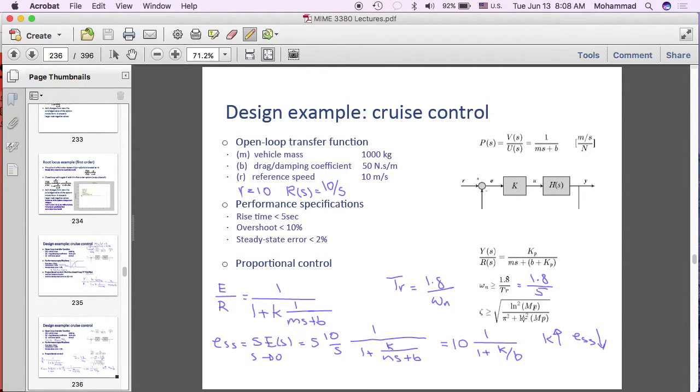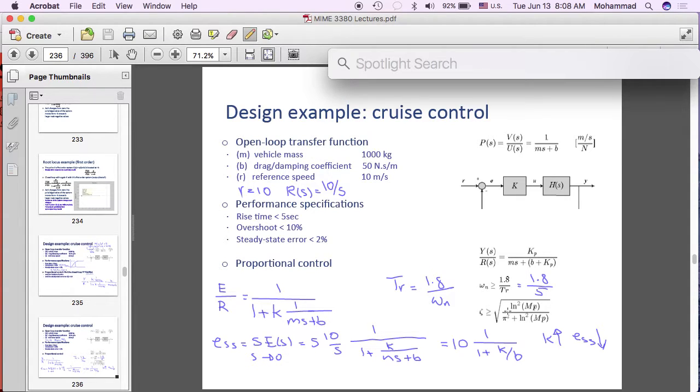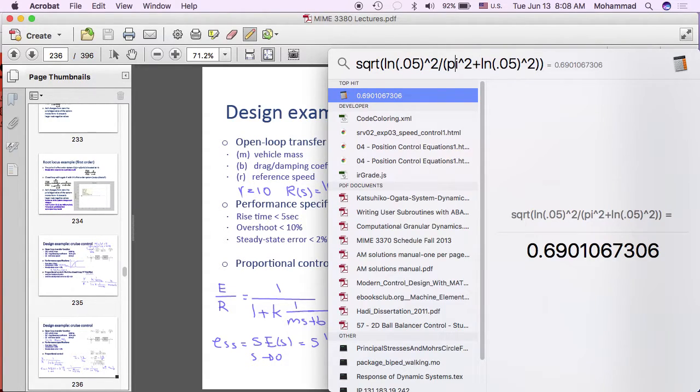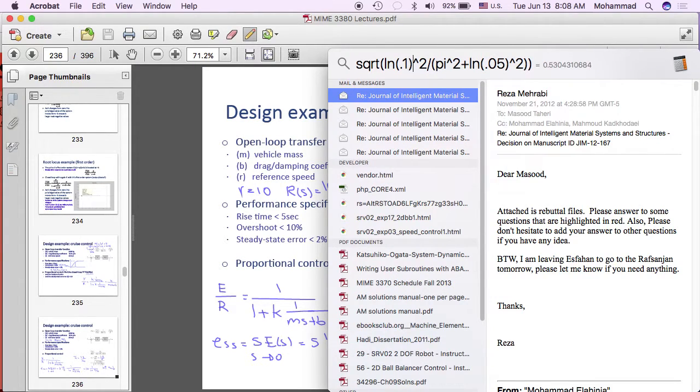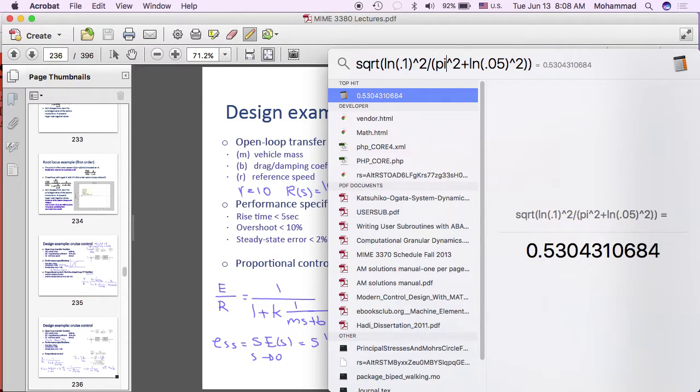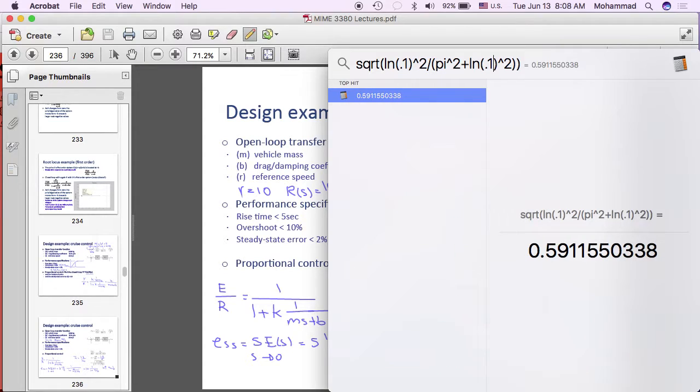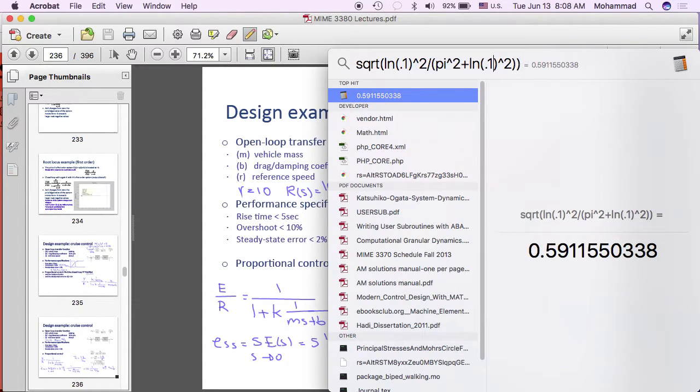So if you plug this overshoot that you can tolerate into the equation for zeta, so let's say your overshoot is 10%, which is 0.1. If you plug it into this formula, which is square root of natural log of 0.1 squared over pi squared plus natural log of 0.1 squared, you can see that your damping ratio has to be 0.6 and larger. So if damping ratio is 0.6 and larger, then the overshoot will stay less than 10%.